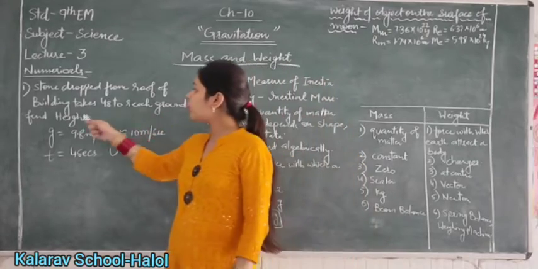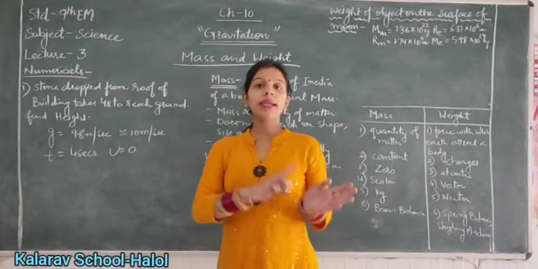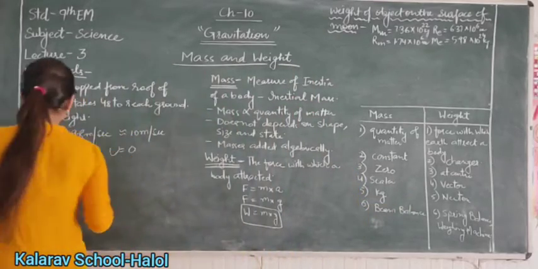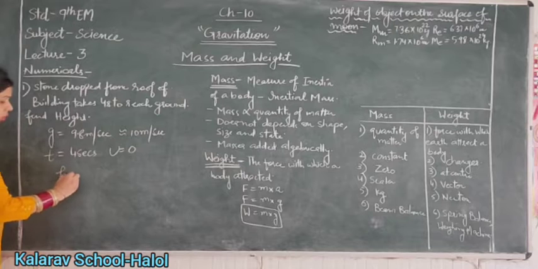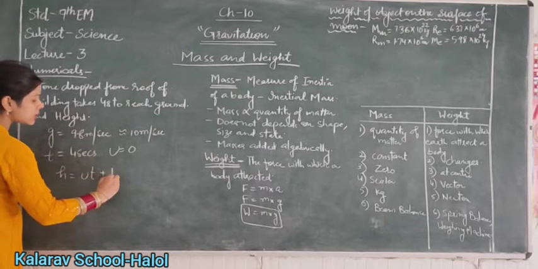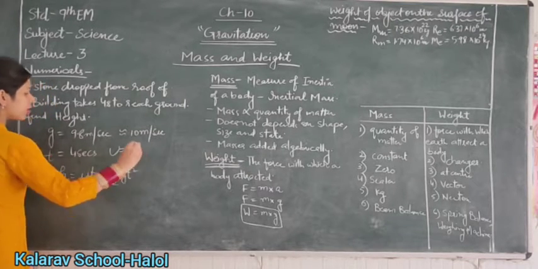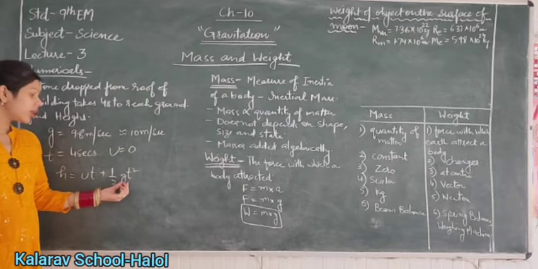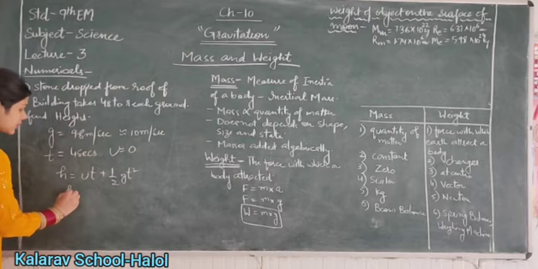Here we have to find the height. Height is related to distance, so we will use h is equal to ut plus half gt square. Here we used a before, so I will use g here.